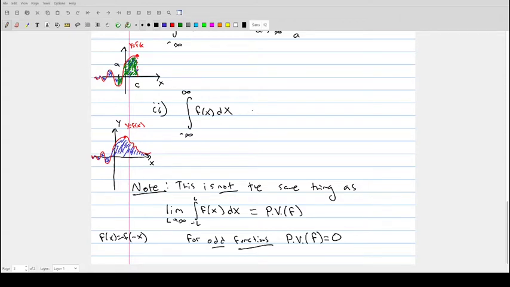The basis for defining the improper integral of a general function from negative infinity to positive infinity relies on the additive property of the integral.